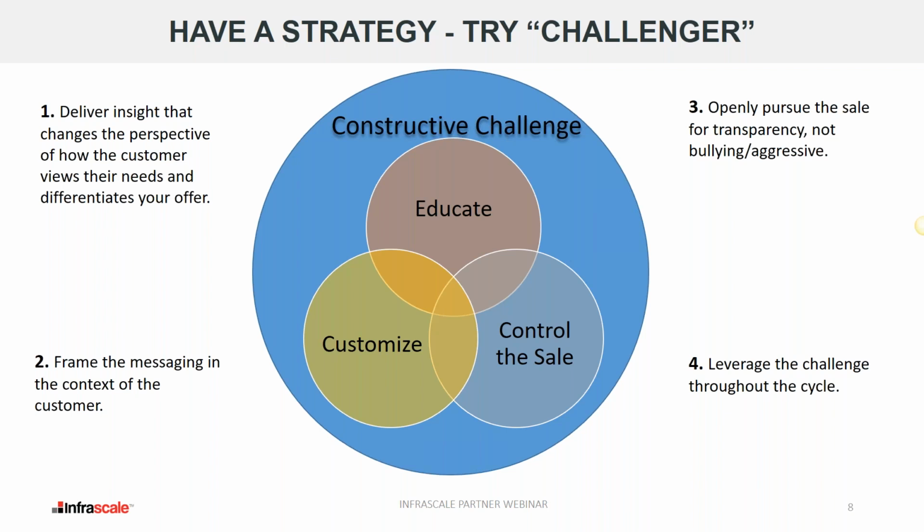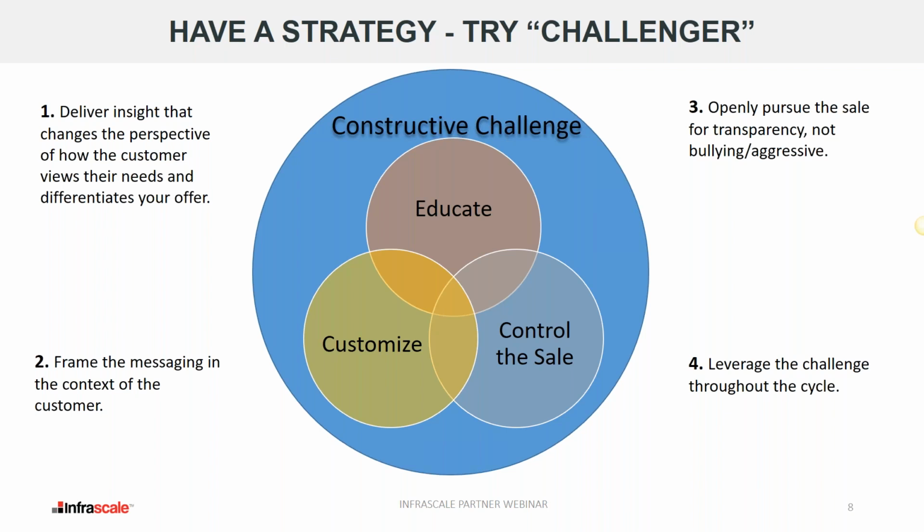What you're doing is you're creating a constructive challenge, a tension, and you're doing this through education. What you do in a Challenger model is the information you have on your website, the information you project in speaking with people, is you're delivering some sort of insight that changes the perspective on business.